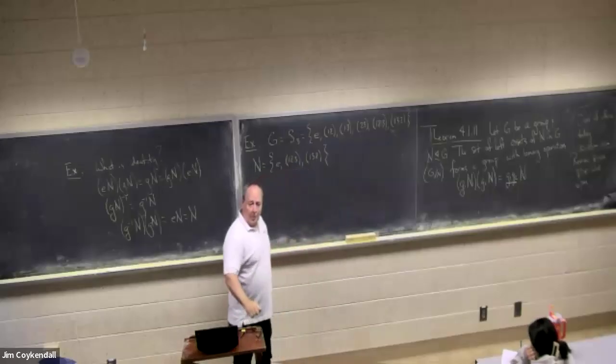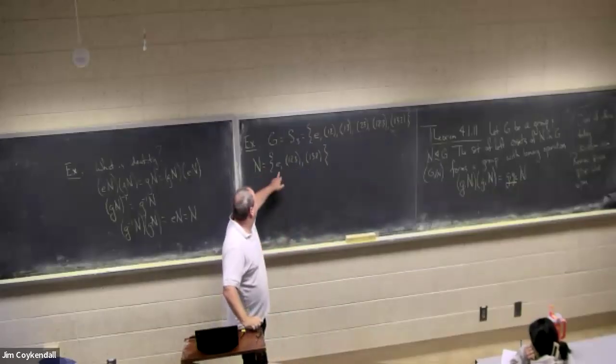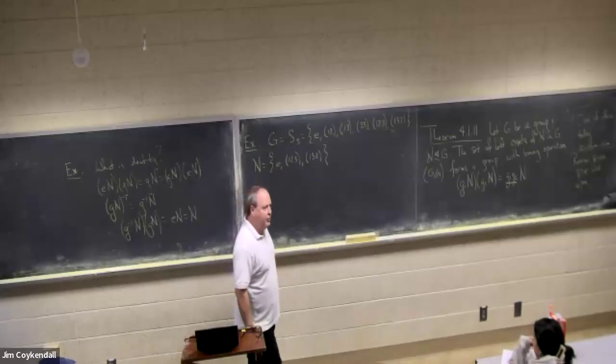Actually, one of the problems in your homework for this week says if you've got a subgroup of index 2, it's always normal. So this one's normal. Let me show you what the cosets are.